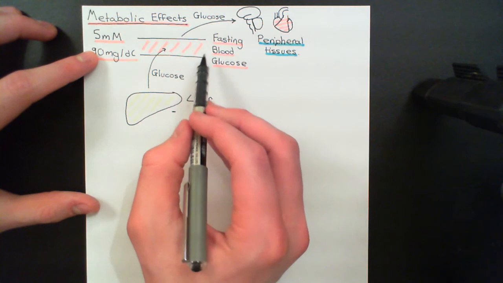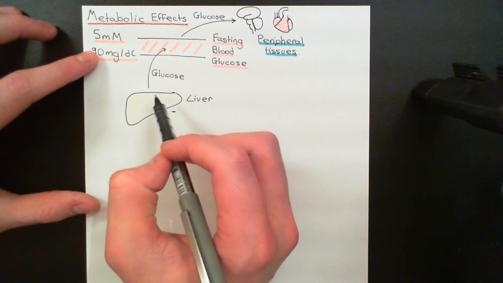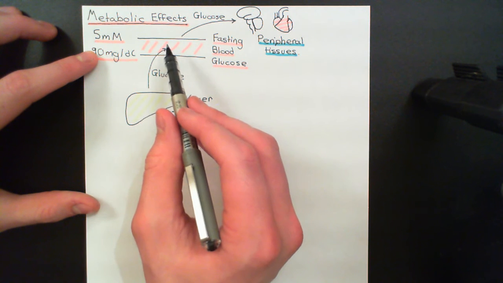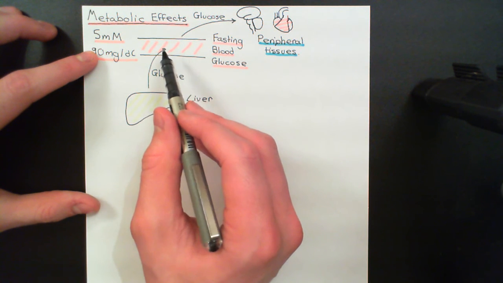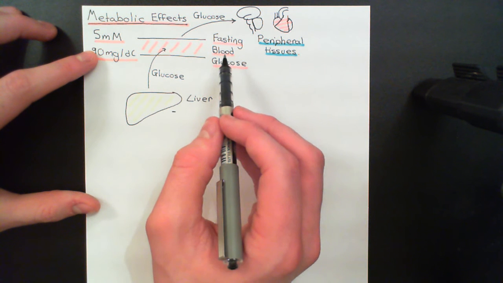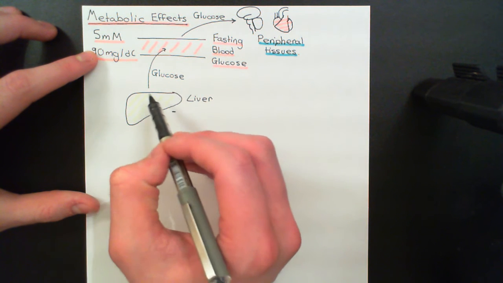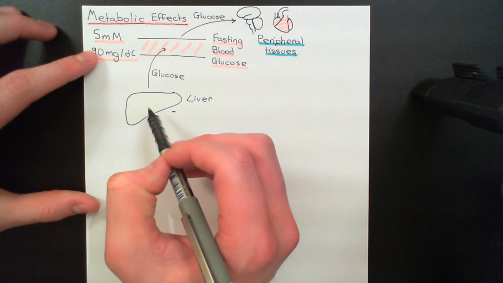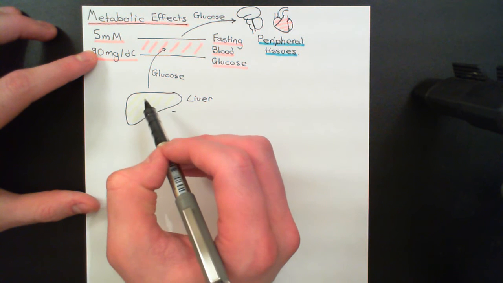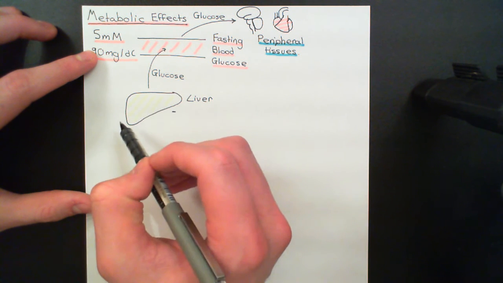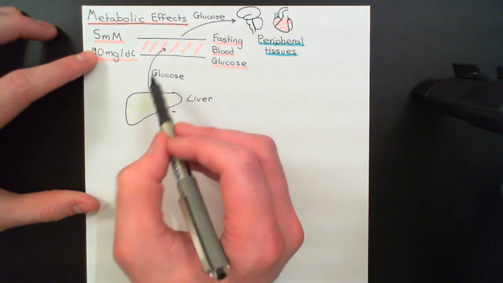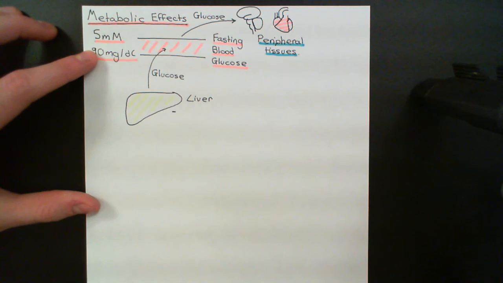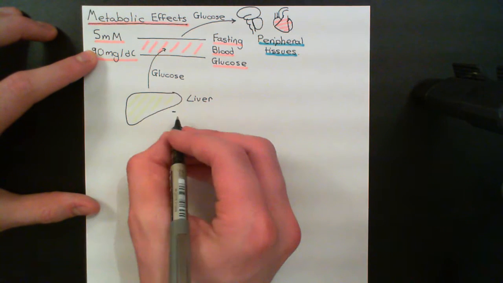And in the fasting state, the hepatocytes can break down the glycogen and release the glucose into the bloodstream gradually. Of course, in the fed state, when you've just eaten a meal, they replenish their glycogen stores, so they take glucose out of the bloodstream and build it into glycogen molecules, so that when you're again in the fasting state, they can be doing this breakdown of glycogen and releasing the glucose into the bloodstream.